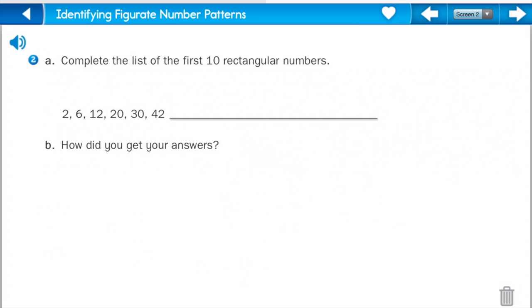So now we need to do 7 times 8, 8 times 9, 9 times 10, and then 10 times 11.